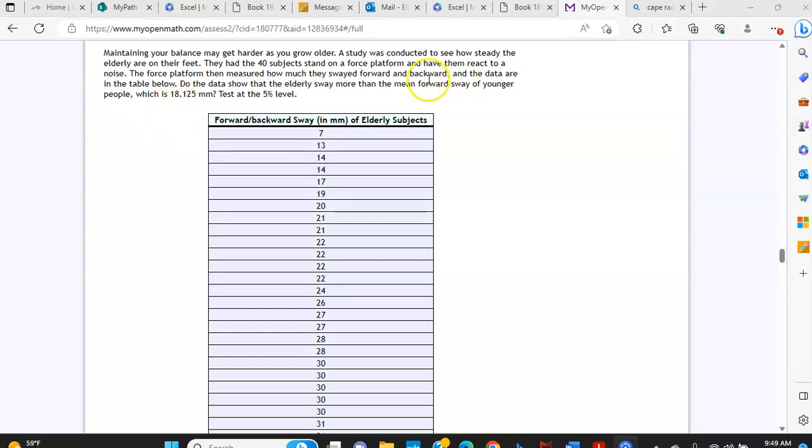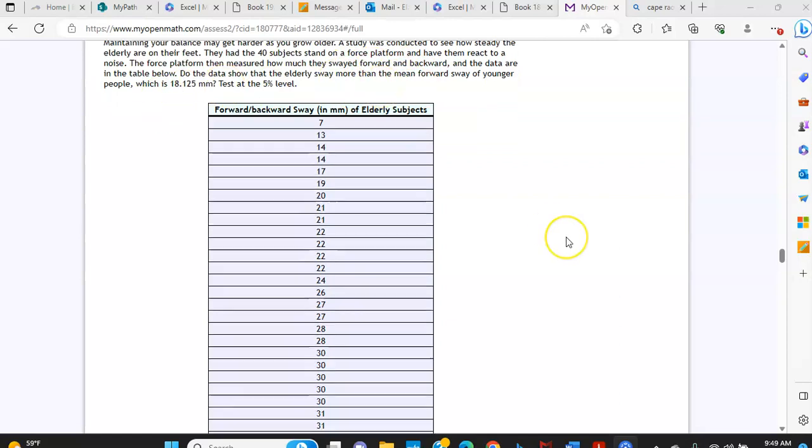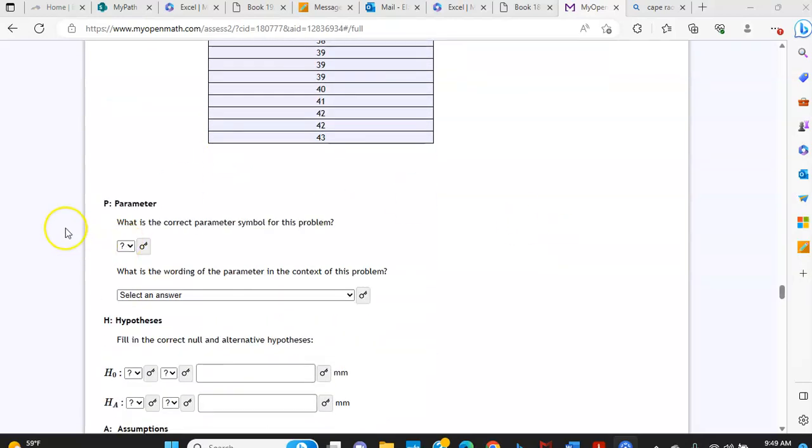Now, let's notice that we want to know, do they sway more than the mean, which is 18.125. So more than will be greater than. So as we get ready to think of our alternate hypothesis, the correct parameter is, it said mean, so we want the mean, so we want mu.